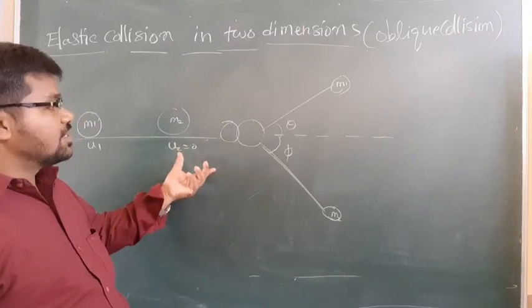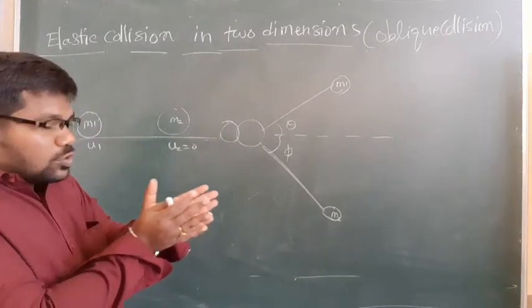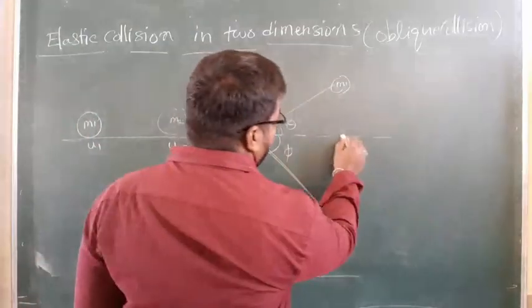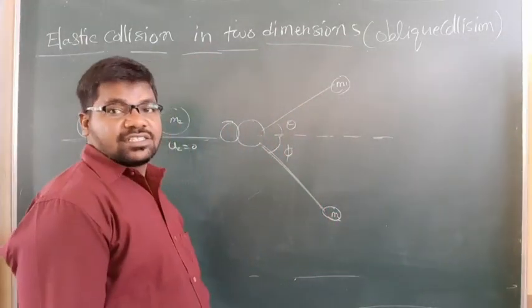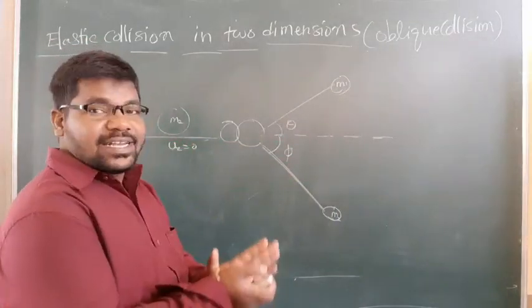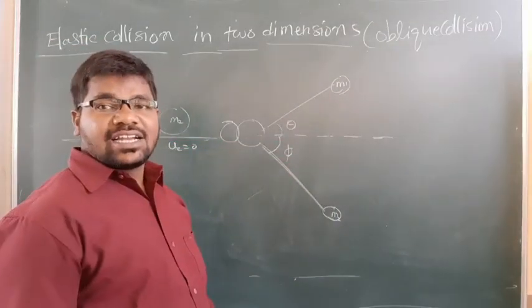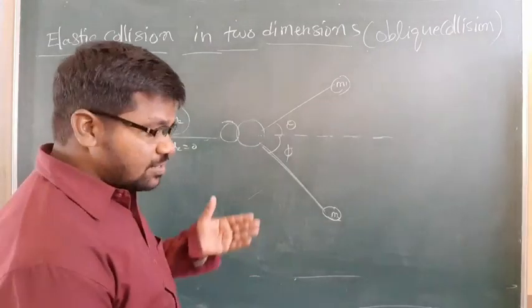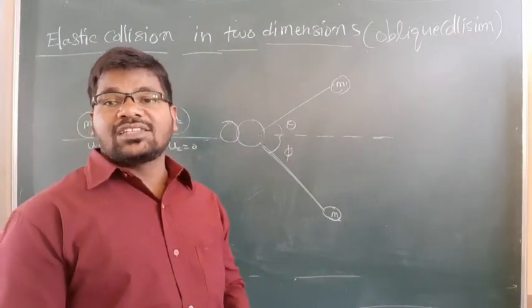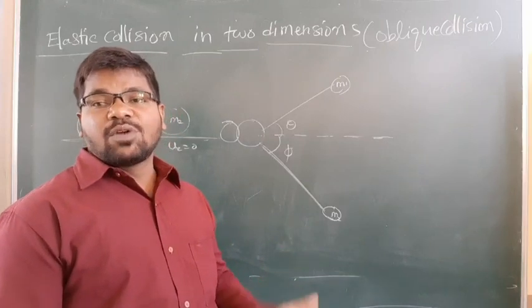The two bodies move in different directions, making different angles with the reference line. According to vector components, we can split the momentum along x and along y. Without splitting the momentum, it is impossible to get the final velocities and momentum.